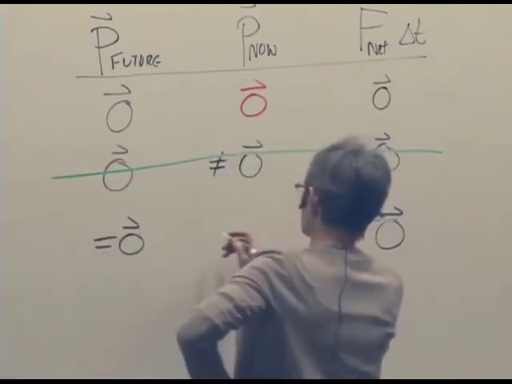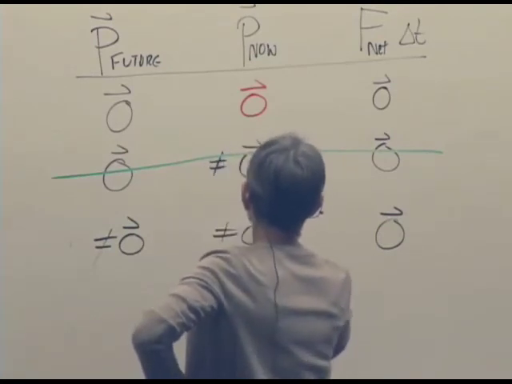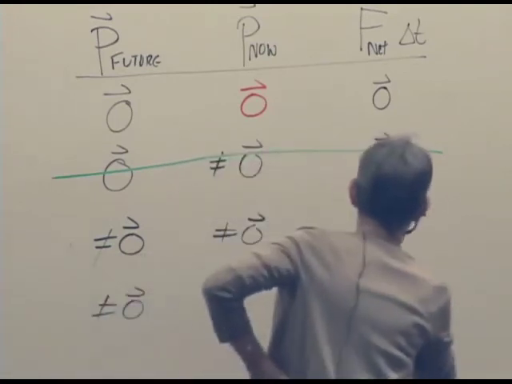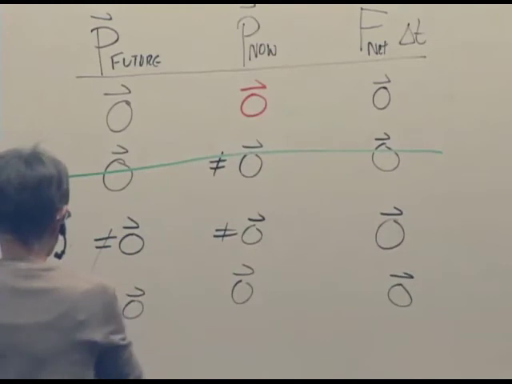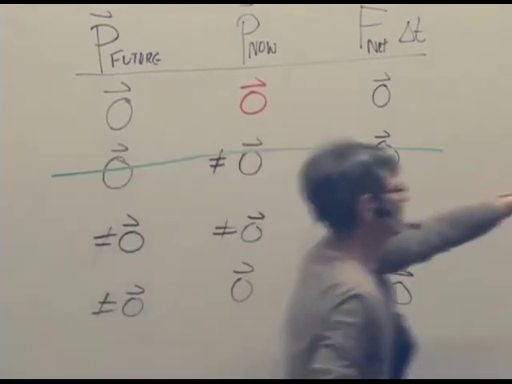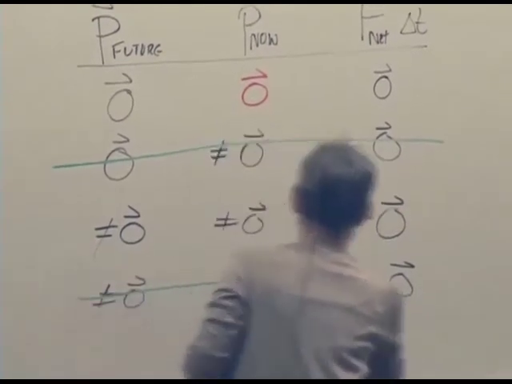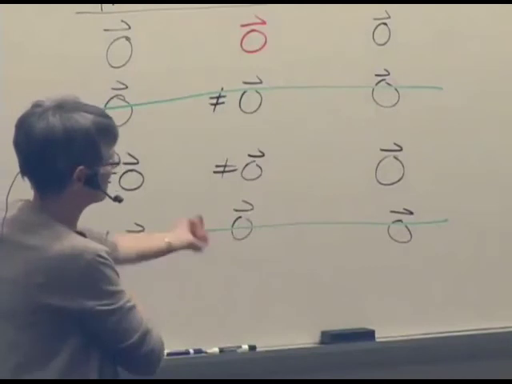So this has to be non-zero. If this is not 0, this is 0, and that's 0, there isn't any way that can happen. We can't add 0 to 0 and get something that's not 0. So we can actually rule out possibilities without actually doing calculations.